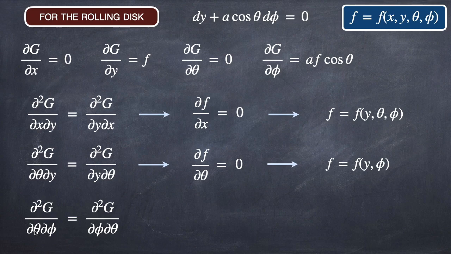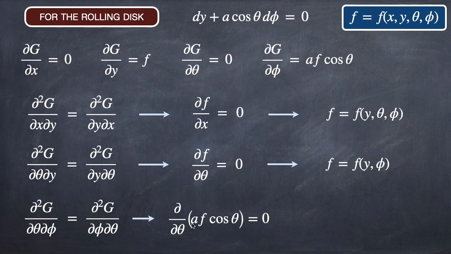And for this other combination of partial derivatives, del g del phi is equal to this term, so we have the partial derivative of this quantity with respect to theta, and since del g del theta is equal to 0, this equation is equal to 0 as well. Now, a is a constant.